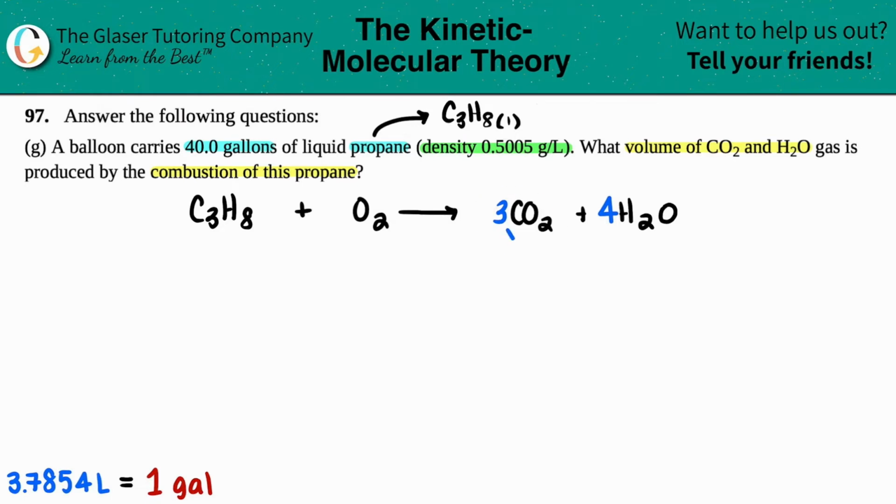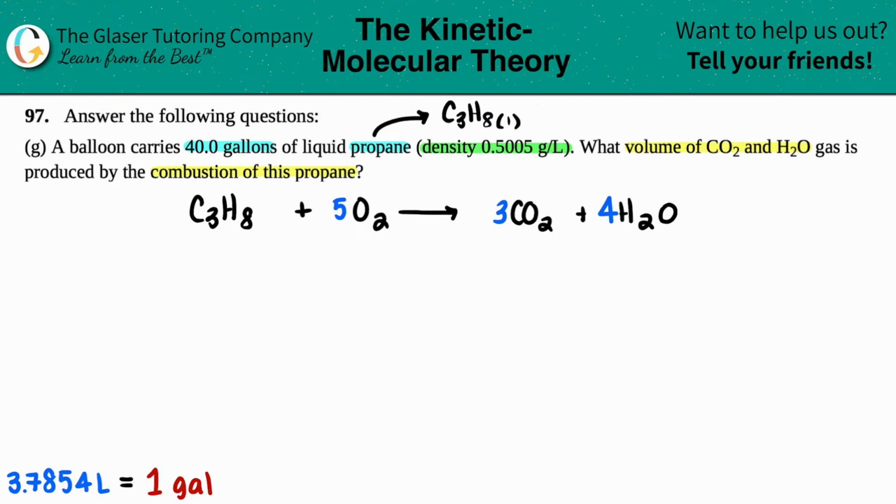Here, I have 3 times 2, so a total of 6 oxygen, plus a total of 4 oxygen here. So 6 plus 4 is 10. Thank goodness we do not need a fraction, because 2 times what will get us 10? You're absolutely correct. It is a 5. And that's our balanced equation.